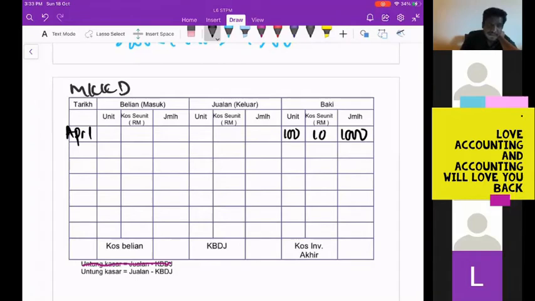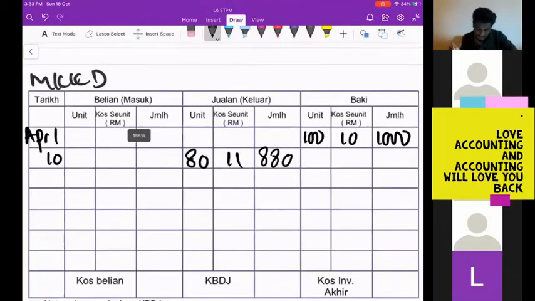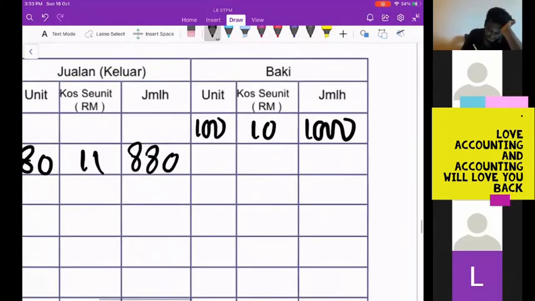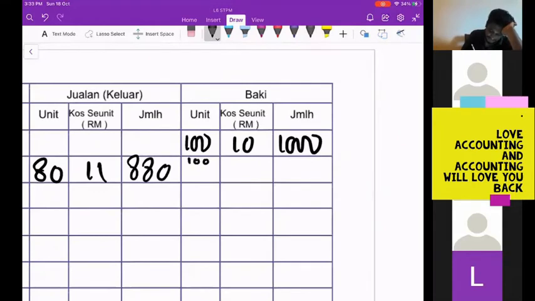And then what happened on the 10th? On the 10th April, saya beli lagi 80 at 11, 880. So what is the balance that I have now? First, the inventory still with me, 1000. After that, the 80, the new one, with me.